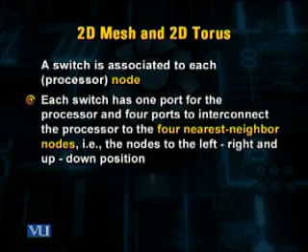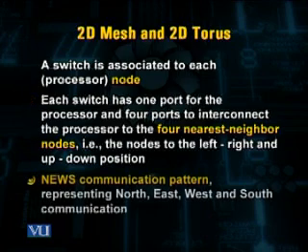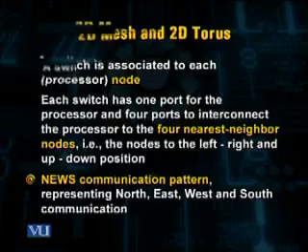That is, the nodes to the left, right, and up-down position from any ith node. This structure is sometimes also referred to as the NEWS communication pattern, where the word NEWS represents north, east, west, and south. So basically, this shows that the ith node allows four-way communication.